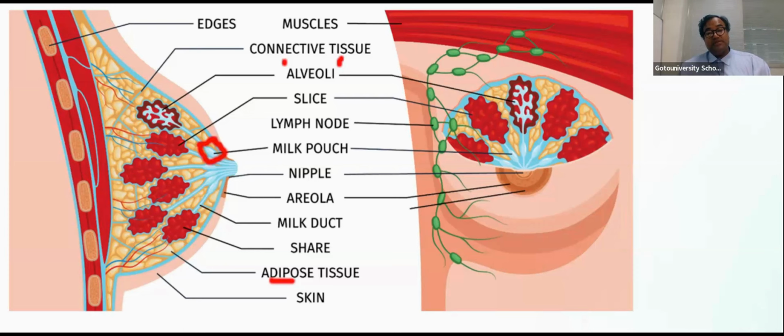The muscle is present at the outer surface area of the breast, right? For making the breast movement, for making the breast contraction, muscle support is also required, but not at the maximum level. Lymph node is supporting the WBC circulation for fighting against microorganisms.